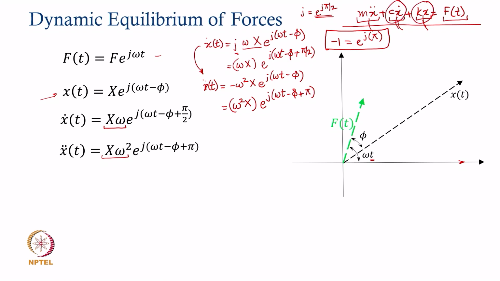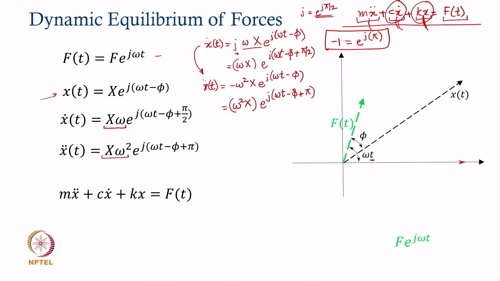I can represent the restoring force Kx in the same alignment as the response itself, because the restoring force is proportional to the response amplitude. At any instant of time, Kx(t) is going to be shown the way I am showing it right now.